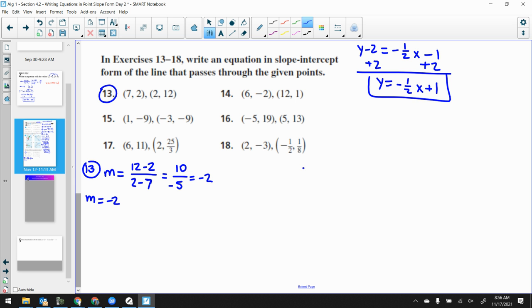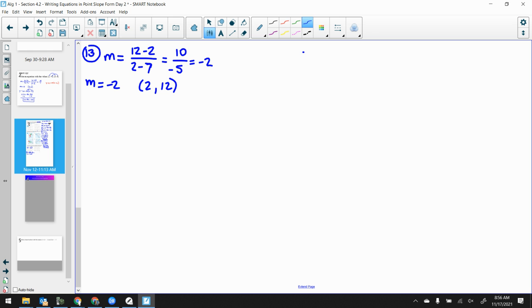The top one, 2 comma 12. Now the other option would be 7 comma 2. It gets you the same answer either way. But I'll go with 2 comma 12.